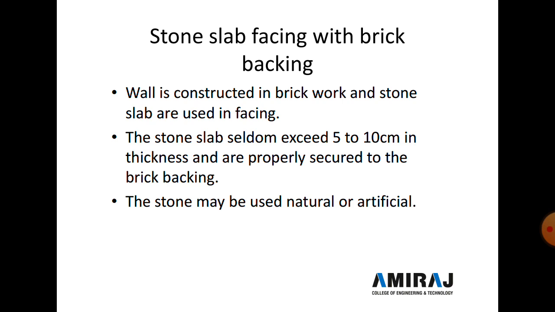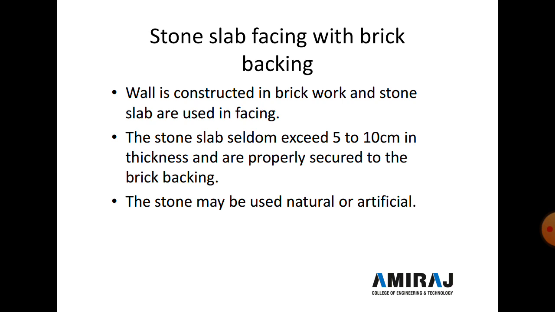So the stone is seen on the face side of the wall, and the inner part is constructed with brick. Generally this type of wall is used in the front view of the building for attractive view purposes.